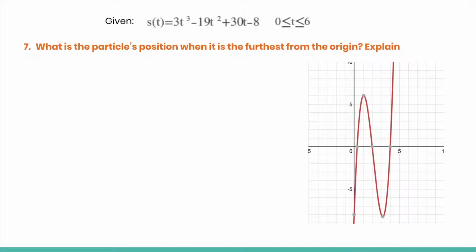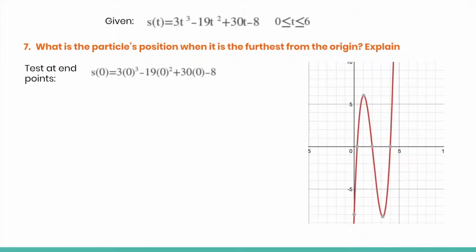First, we'll be looking at question number 7 because this is the second part to a larger problem. If you want the first 6 questions, then look at Liana's video. But for now, question number 7: what is the particle's position when it is the furthest from the origin? First, you're going to test the endpoints. Since the interval is 0 to 6, you test at 0 and 6.